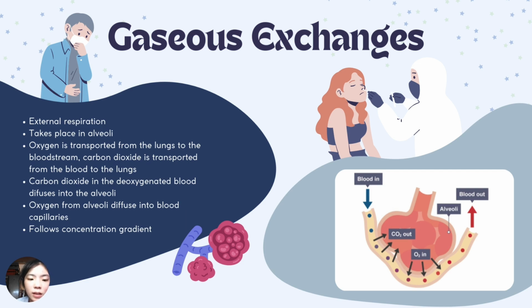The deoxygenated blood has a higher concentration of carbon dioxide than the alveoli, so carbon dioxide tends to diffuse into the alveoli. While the alveoli have a higher concentration of oxygen than the blood, so oxygen tends to diffuse into the blood capillaries. So from this, we can see that gas exchange in the lungs follows the concentration gradient.